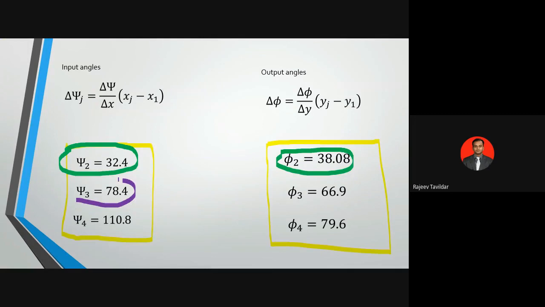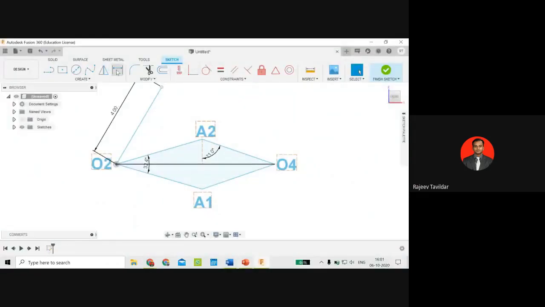Psi 3 is 78.4. This is with respect to what? The position of the third input link is 78 degrees with respect to the first position, because I'm taking xj minus x1 over here. So the angle between A3 and A1 is supposed to be 78.4.